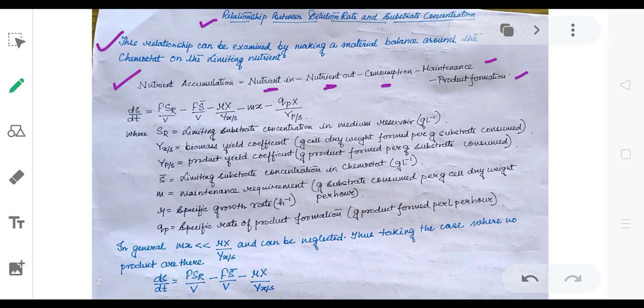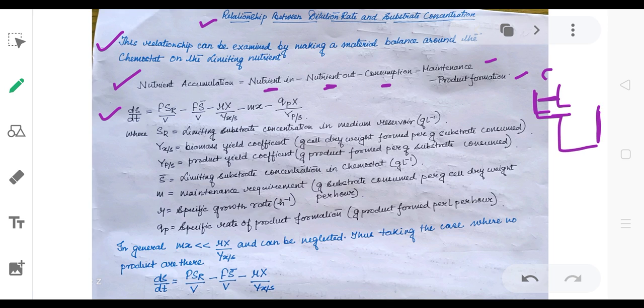So now comes the equation. If you go into the equation, you will understand that dS/dt is the rate of change of your substrate concentration in the vessel. Nutrient in has been depicted by F·SR/V. What is SR? SR is the limiting nutrient concentration in the medium reservoir, the reservoir attached to your chemostat.